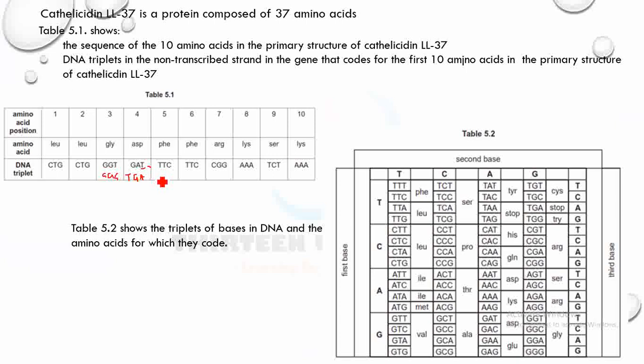It's going to be T, T, T, just like that. The next one is going to be C, T, T. You see that it's altering the base sequence again. That's frameshift. This is frameshift, guys.